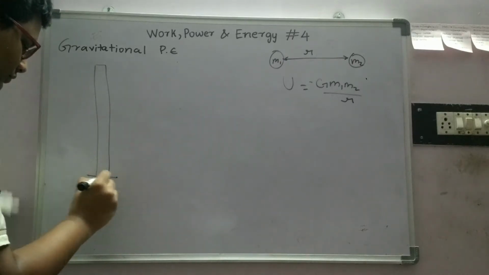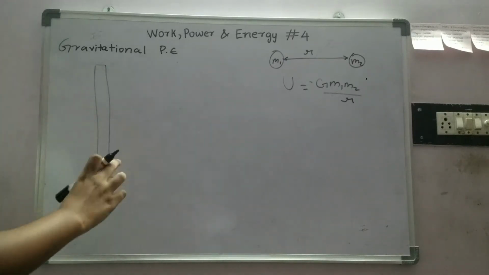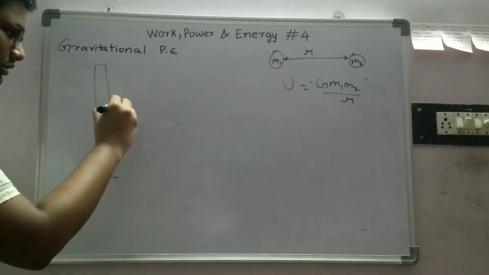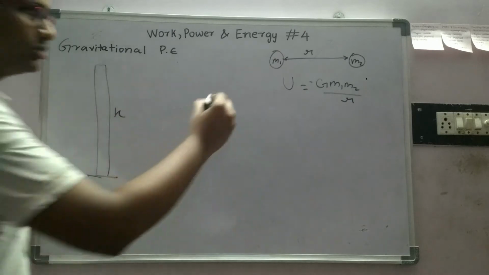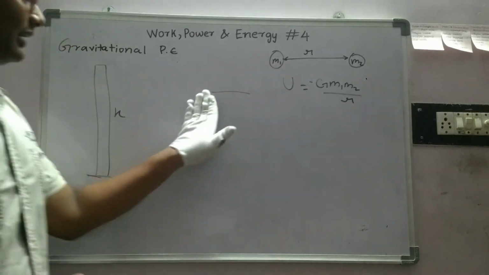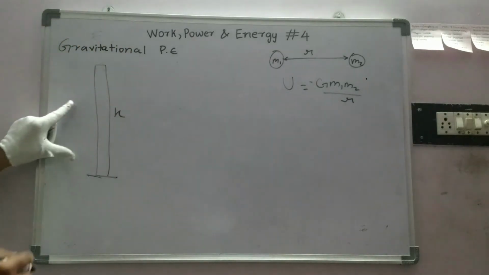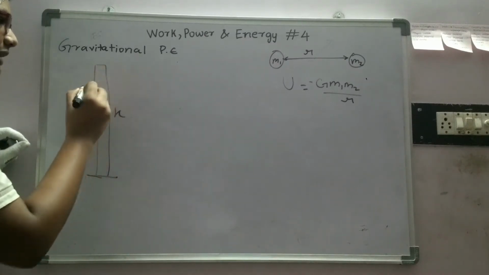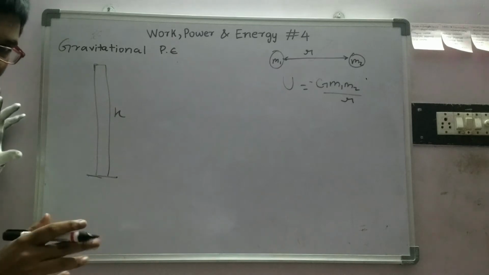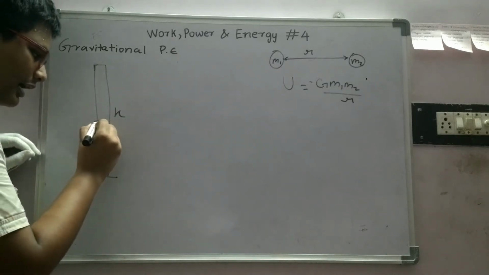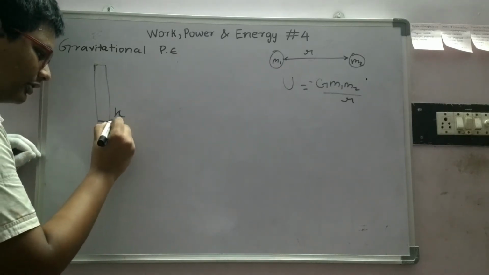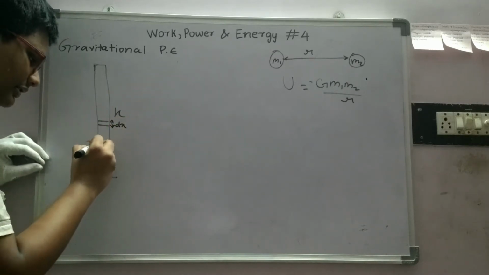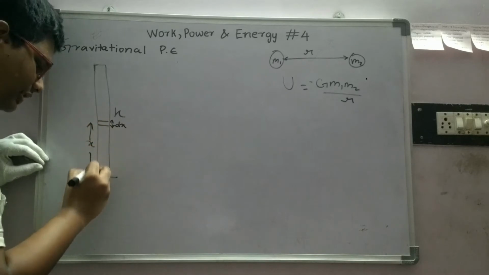Consider, see, all the particles on this are not lying at a height h. In the previous case, all are lying at a height h, but in this case, all the particles are not lying at height h. Some are lying at 1 meter, 2 meter, 3 meter, and the maximum is h. Now consider a mass dm of thickness dx, which is at x distance from the ground.